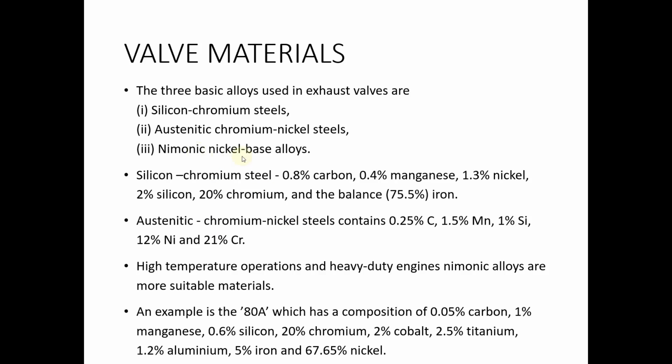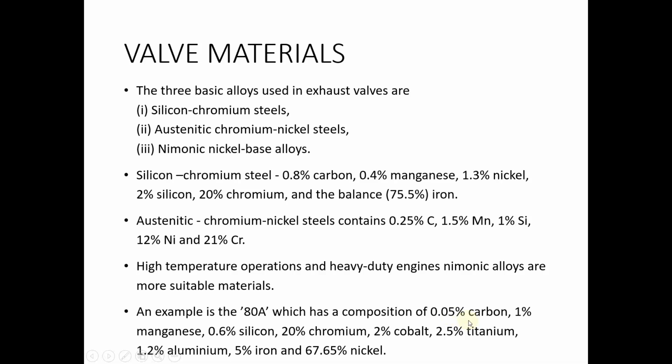And finally, the nimonic nickel base alloys, which are used in heavy duty engines, for very high temperature operations. It is not usually used in low and medium duty engines or in normal conditions, only for special purposes.